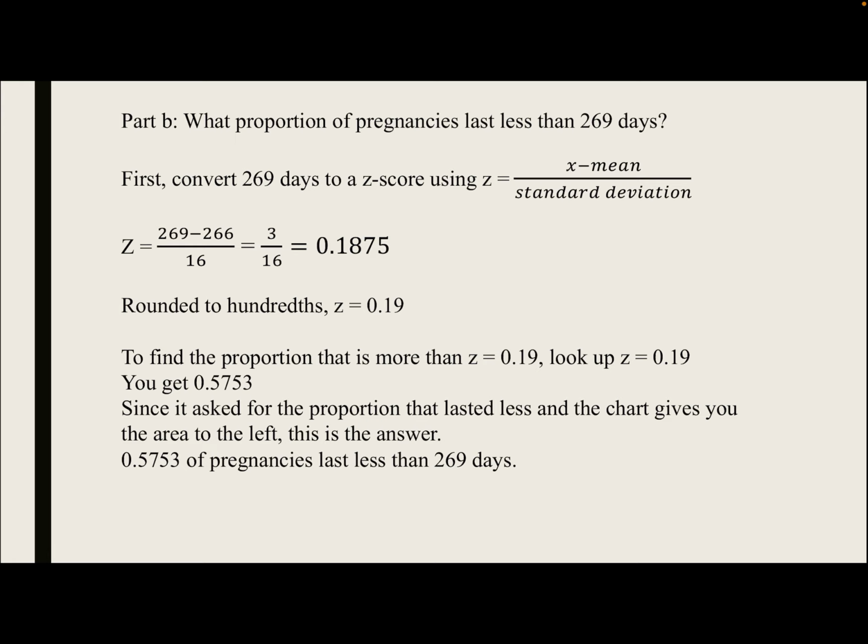Now, to find the proportion that is less, you look up 0.19. Okay. Let me switch this out. This should say left. To find the proportion that is left, look up that z-score, and since it asks for less, that is your answer.